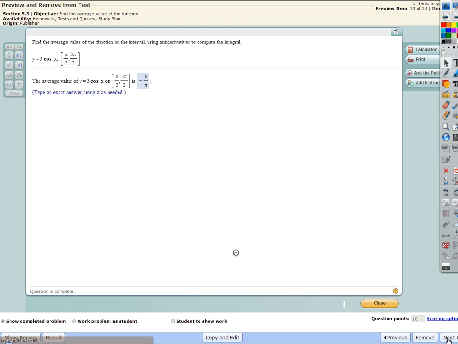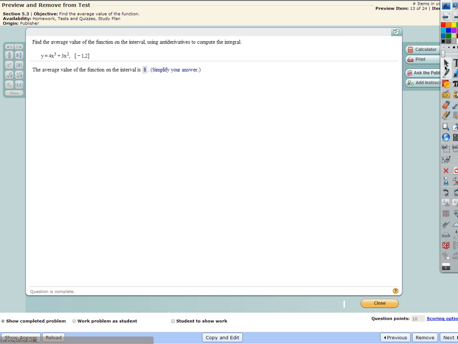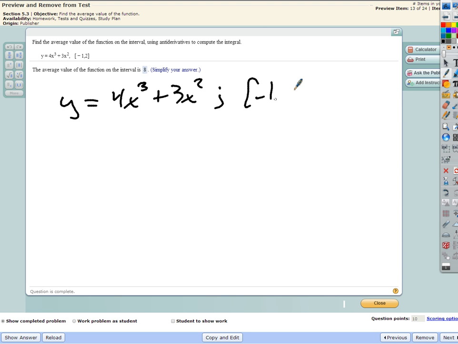So, you see what this is? You can't see this very well, but all this is saying is, if y equals 4x cubed plus 3x squared on the interval -1 to 2, and I want to find the average value of the function, it's just going to be the area, which is just this, right?